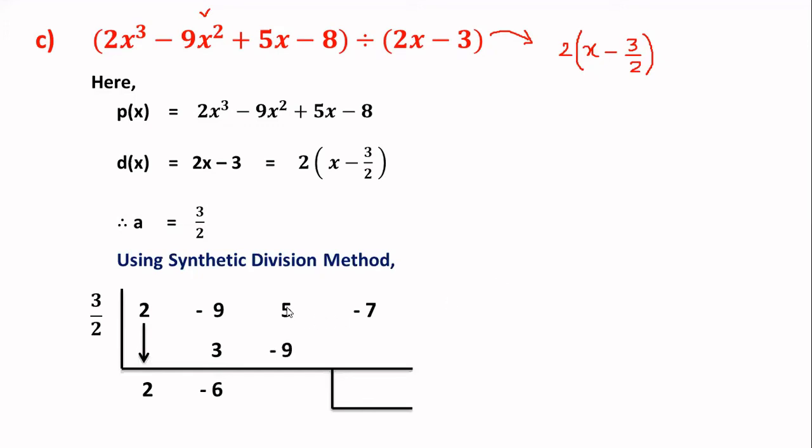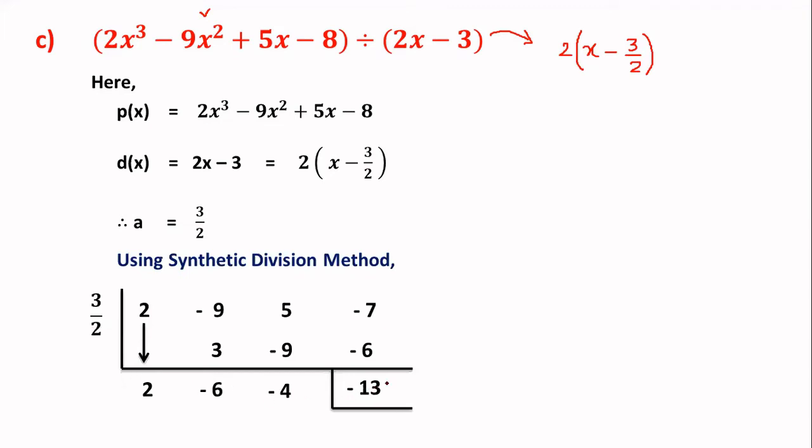When we simplify plus 5 and minus 9, the value will be minus 4. Eventually, when we multiply minus 4 and 3 by 2, the value will be minus 6, which is going to be written below minus 7. Finally, when we simplify minus 7 and minus 6, the value will be minus 13, which we have kept inside the box. Now it's time to write our quotient q(x) and remainder r.